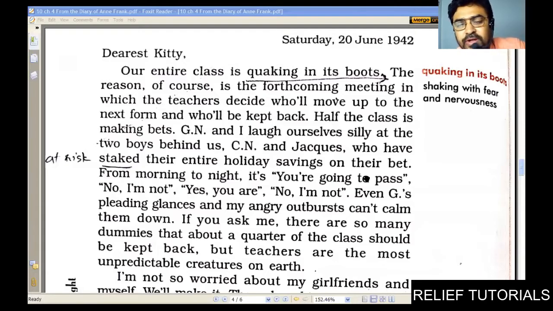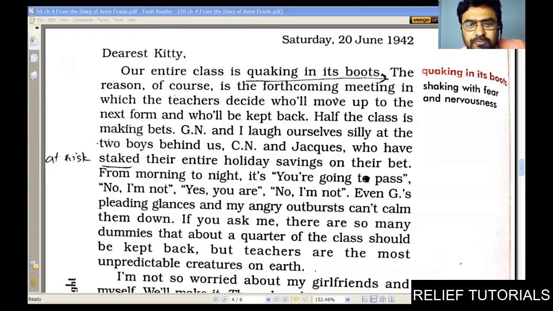From morning to night, this kind of statement is quite common. This is what the students are actually saying when the result is about to be announced. From morning to night, it is, "You're going to pass." Somebody says, "No, I'm not." The other says, "Yes, you are." Again, "No, I'm not."